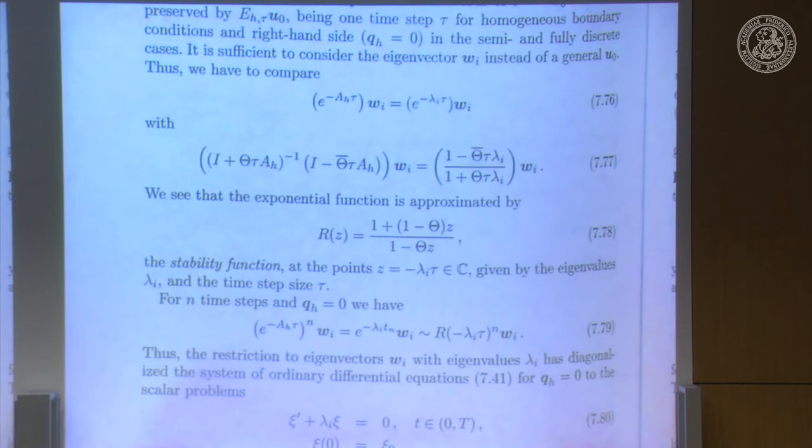Then we get directly the capital R at minus lambda I tau into the business. Sometimes you see it presented in this way: we look at this model problem and discuss the stability. But the rationale behind it is, if we have diagonalizability, then this is the general situation in the way I explained it.